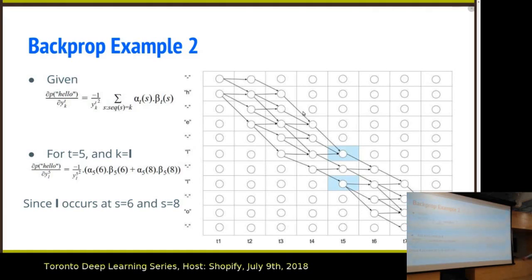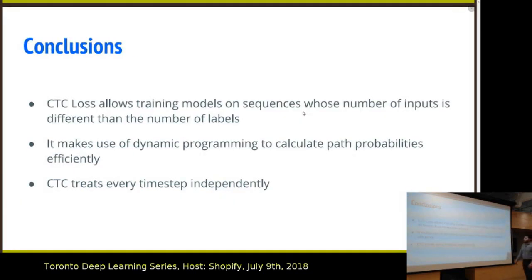So to conclude, as you saw, CTC loss allows us to train models on sequences whose number of inputs is different than the number of labels. Usually the number of inputs is much larger than the number of labels. It also makes use of dynamic programming to calculate the probabilities of different paths efficiently.